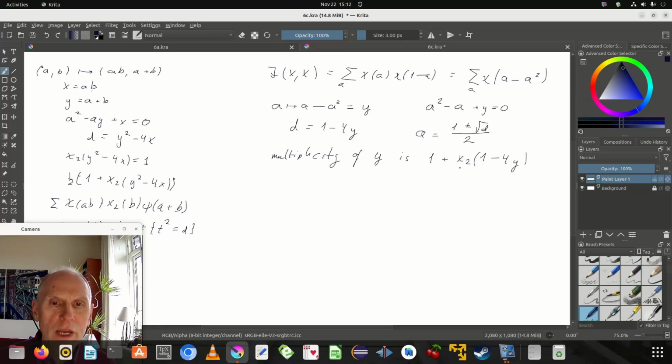So we actually have the multiplicity as a function of y itself.